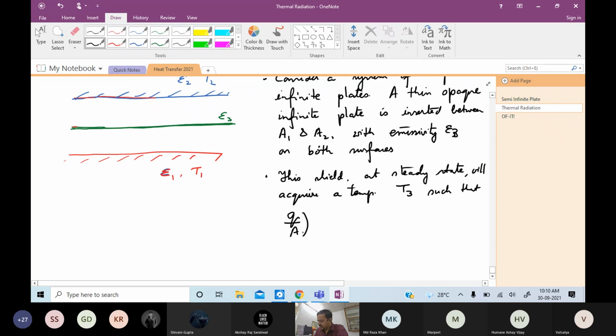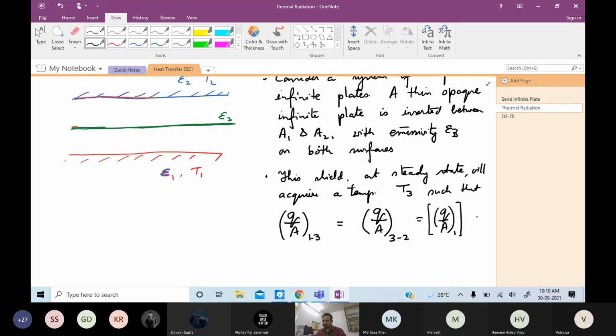So Q over A from 1 to 3 is equal to Q over A from 3 to 2. And this is also going to be Q over A coming from 1, because whatever it gets from 1, it intercepts and gives to 2. This is the function of the radiation shield.